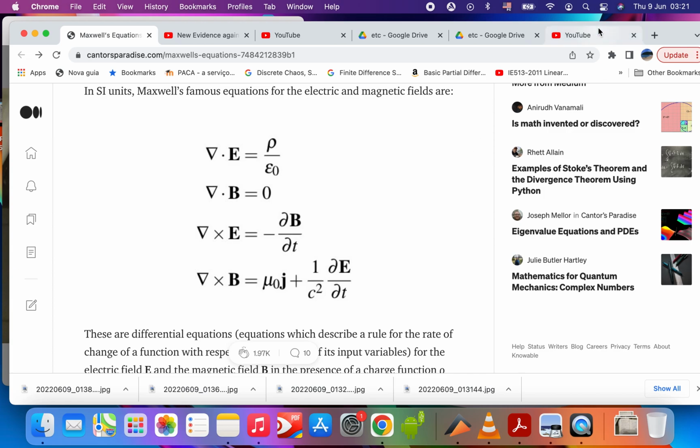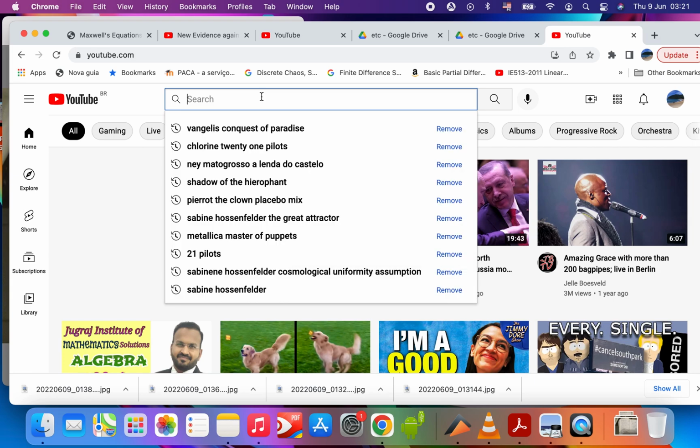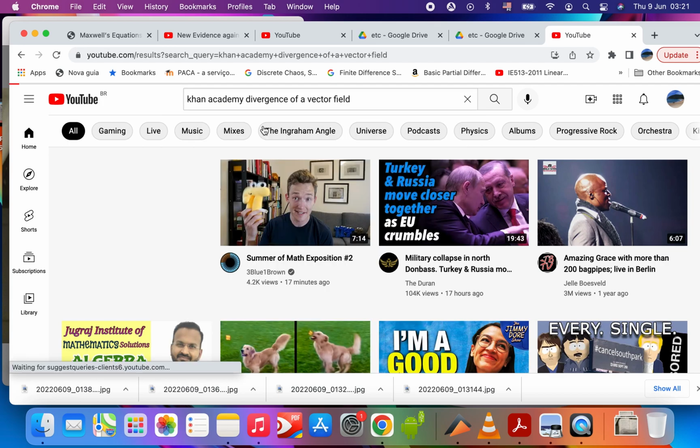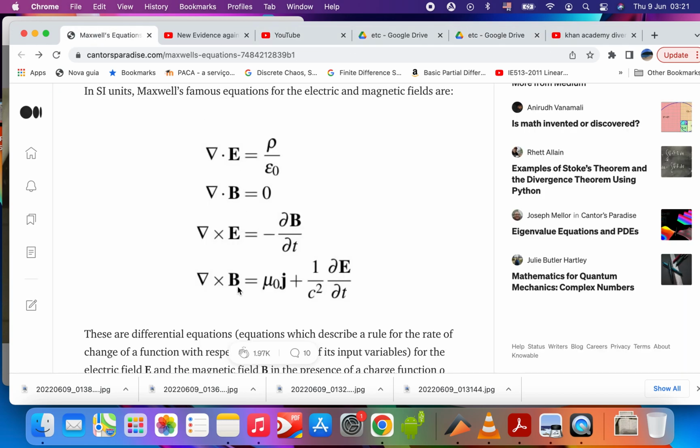But if you want a very good course in what these quantities mean, I would suggest Khan Academy's Divergence of a Vector Field and Curl of a Vector Field. That's going to take care of those two symbols.